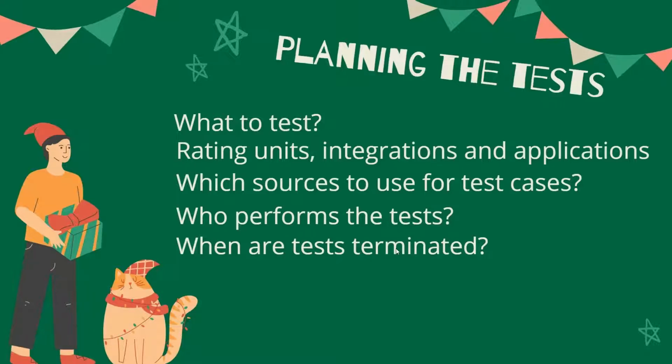The inclusion of a unit, integration, or application in a testing plan and the amount of resources allocated to each test depend on priorities as expressed in the combined rating. In order to determine these priorities, initial calculation of the ratings is necessary. As a rule, the higher the rating, the higher the testing priority and the greater the allocation of testing resources.